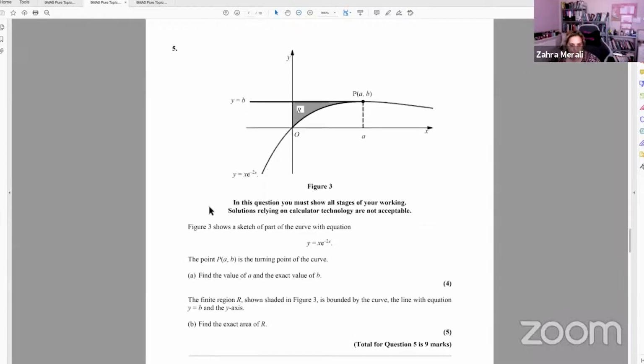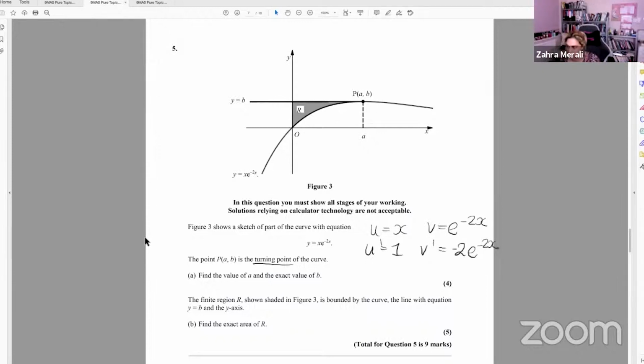Okay, let's have a look at the next one. Point P is the turning point. Okay, so mixing up differentiation and integration in this question. So we're going to start off by differentiating it in order to find the turning point. So we can use the product rule. So we've got u equals x, v equals e to the minus 2x, u dash is 1, v dash is minus 2 e to the minus 2x.